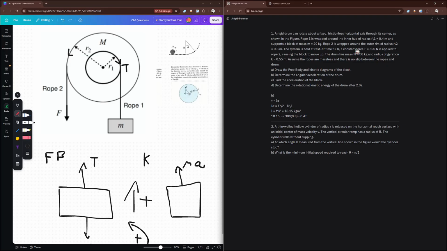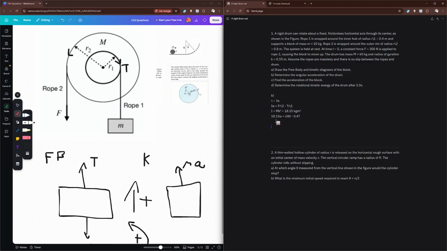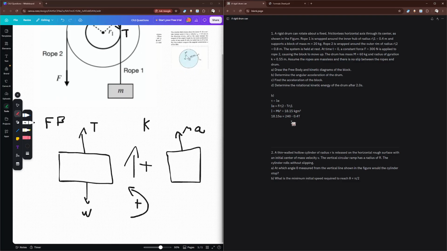We can simplify this: 300 times 0.8 is 240. Now we have two unknowns, as you can see, so we're going to have to get another equation. How can we get another equation? Well, looking at our free body diagram, we have T minus mg is equal to ma, right?